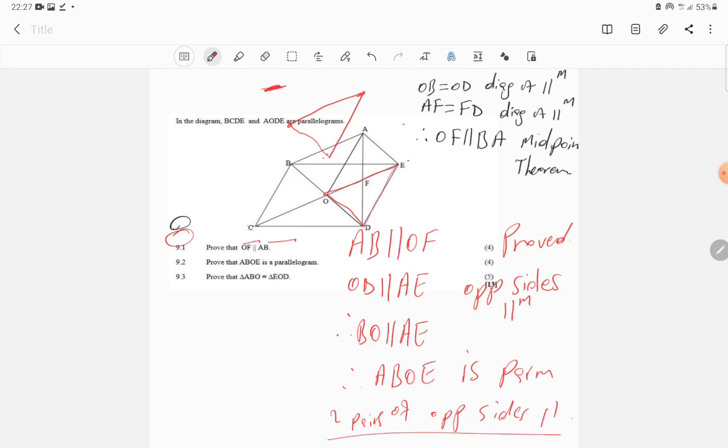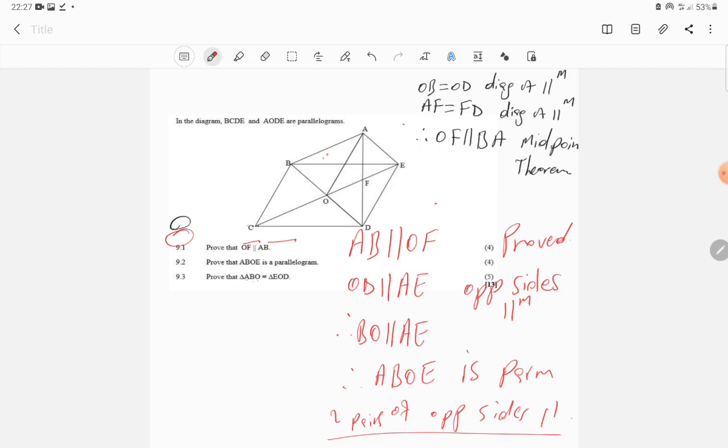So we have to prove that AOB, this one, is congruent to this one. We have these two triangles now, and we have to prove that they are congruent to each other. So the idea is, let me just rub everything else. We're having these two triangles, especially since we have already noted them up.